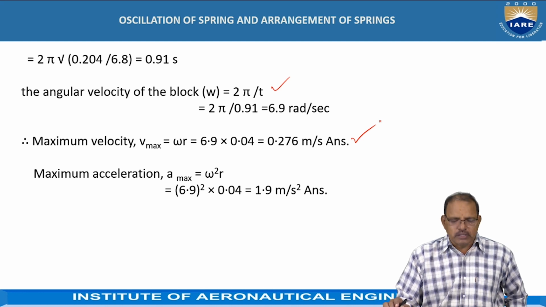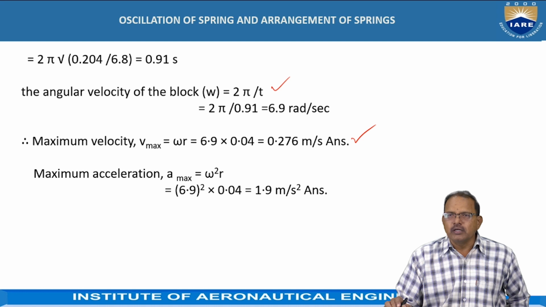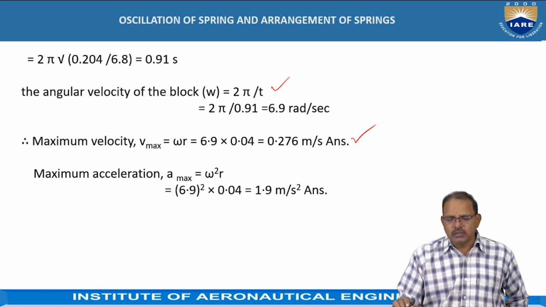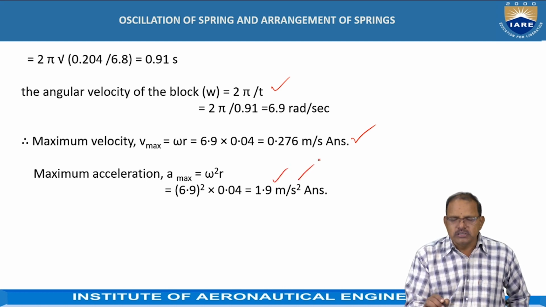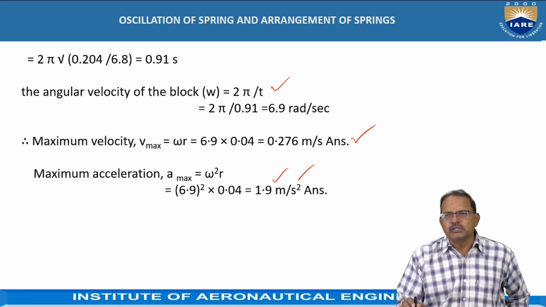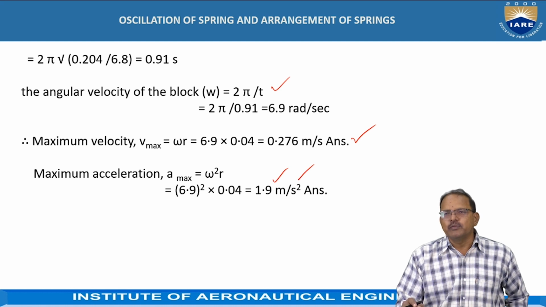The maximum acceleration is A max equal to omega square into R, that is 6.9 whole square into 0.04, equal to 1.9 meters per second square. It always acts towards the equilibrium position, in other words, in the direction opposite to that in which the body tends to move.